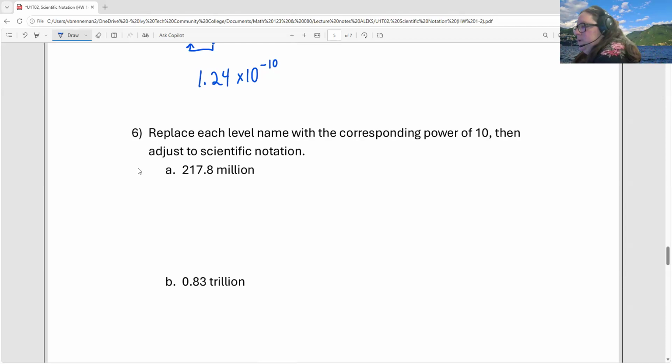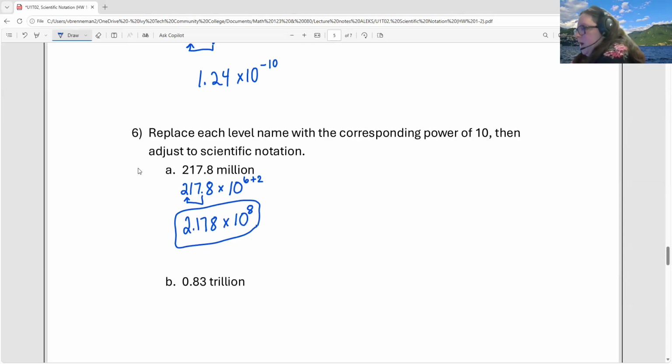So 217.8 million becomes 217.8 times 10 to the 6th for the million. And then we make our adjustment. The decimal point needs to be after the 2. So I need to go 2 bigger than the 6. So we end up with 2.178 times 10 to the 8th power for the scientific notation form.